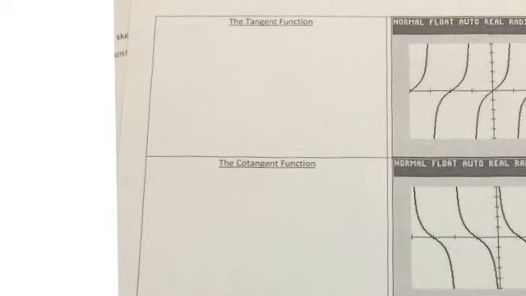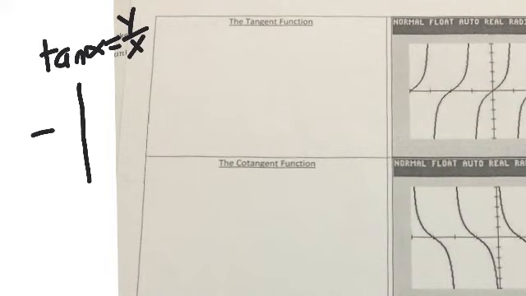So what we do need to know is that tangent of any angle is equal to y over x. On that unit circle, we think about the ratio of the y value to the x value. Remember, sine is equal to the y value, cosine is equal to the x value, tangent is y over x. Instead of actually finding every point, we're just going to think about what happens when we rotate.